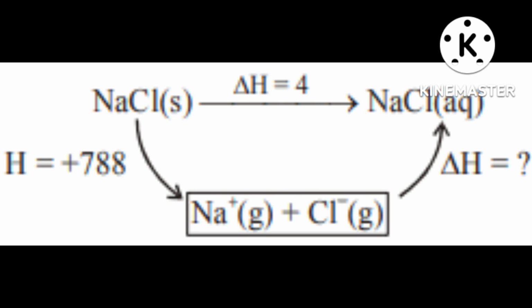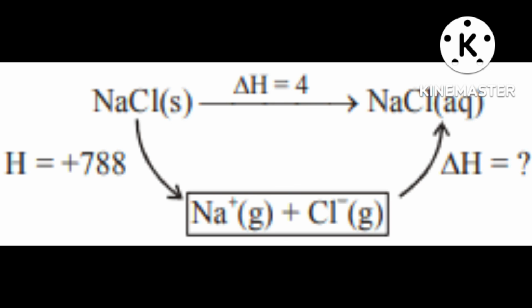Again, a little more: NaCl gives Na plus in gaseous state and Cl minus in gaseous state from solid NaCl. The internal energy of NaCl is smaller by 2RT. Why?